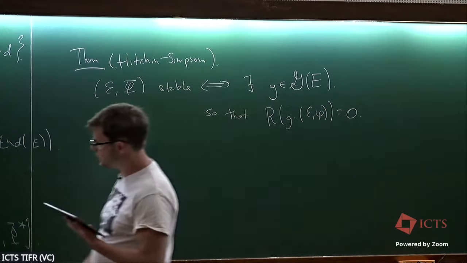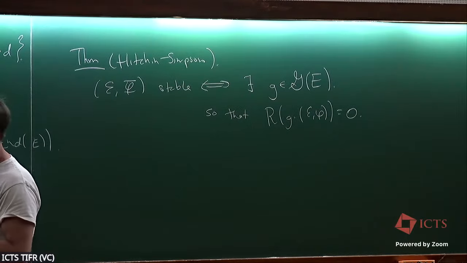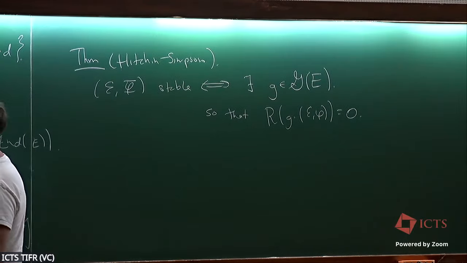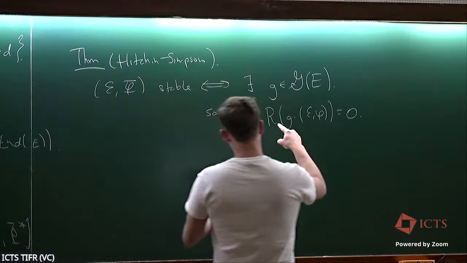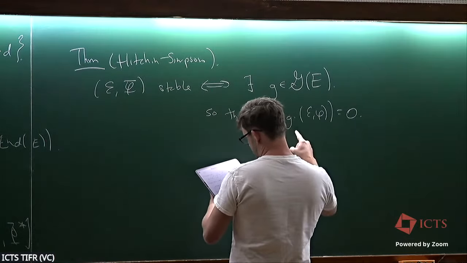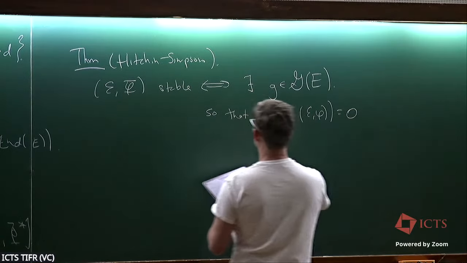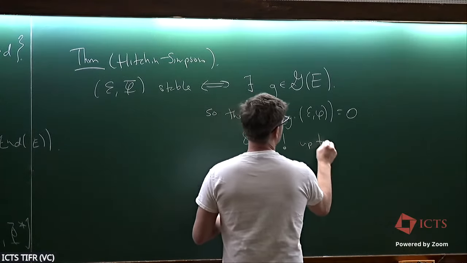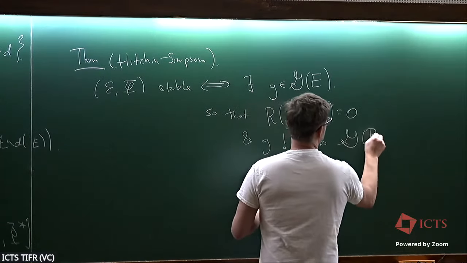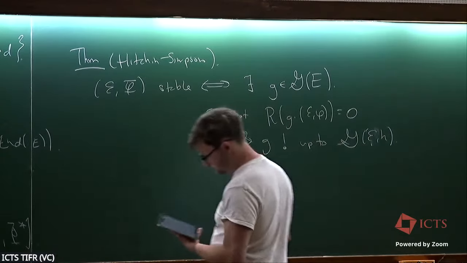Namely, the curvature of this connection, which is not the unitary connection, but this connection with holonomy in the SL(n,C), is flat. And I said if and only if, so let me make sure I say, and G is unique up to the unitary gauge group.